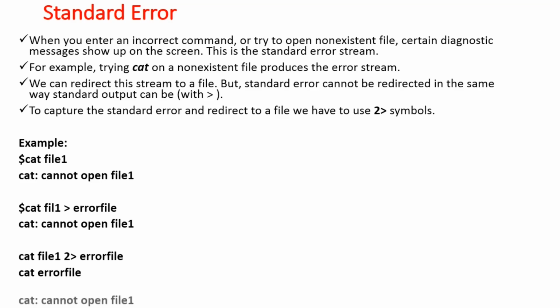Then you will get one error message: cannot open file1 because file1 is not present in the Unix file system. These are the different error messages you will get while executing a command.